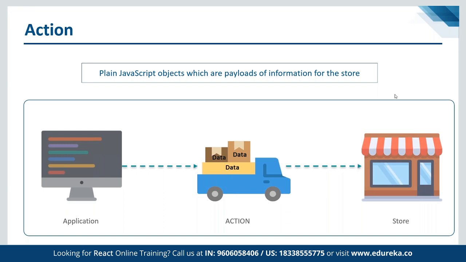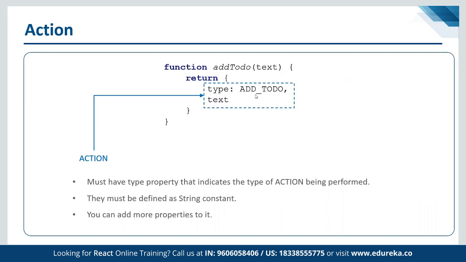Actions are simple JavaScript objects that have a type property, which is usually a string constant describing the type of action, along with the entire information being sent to the store. So for example, here we can define the type as ADD_TODO, and then we can define the parameter as text. Now, actions are created using action creators, which are normal functions that return the action object, right?